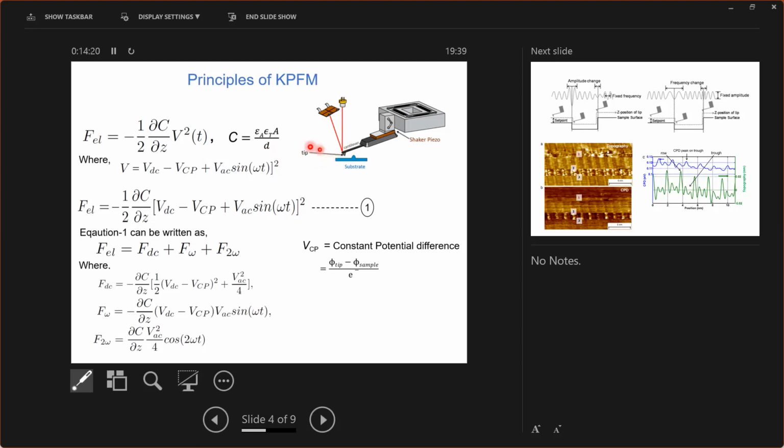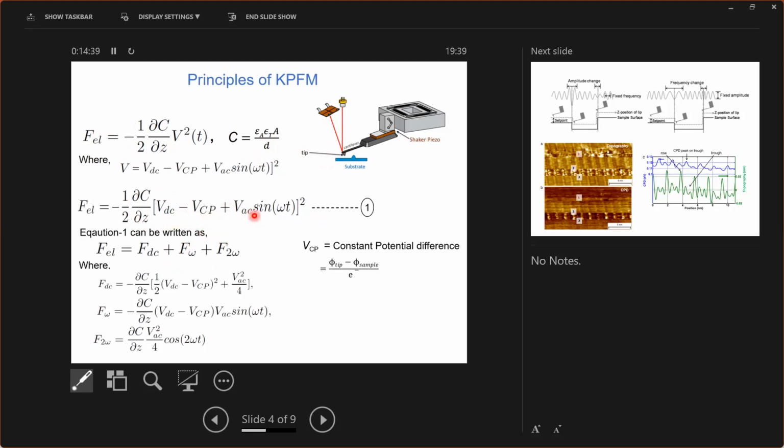As there is a capacitance, which varies with the distance, the force due to this capacitance is given as half dC by dz times the potential squared, and this potential we can elaborate as this.